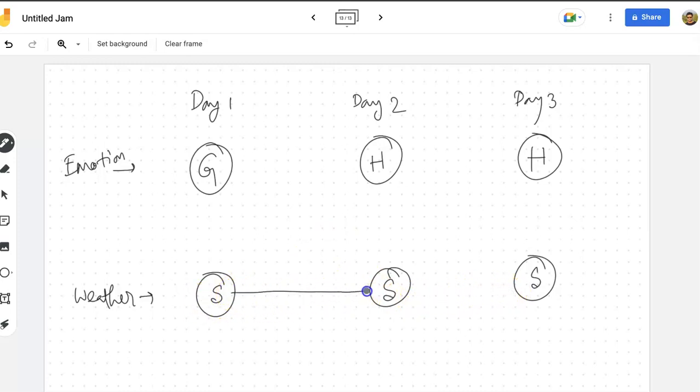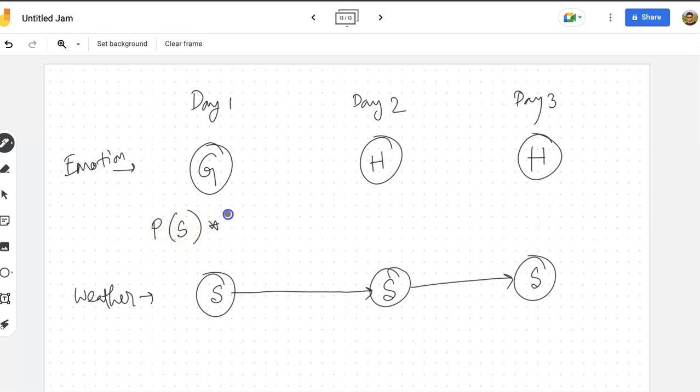The first thing you should calculate is the probability of day 1 being sunny.